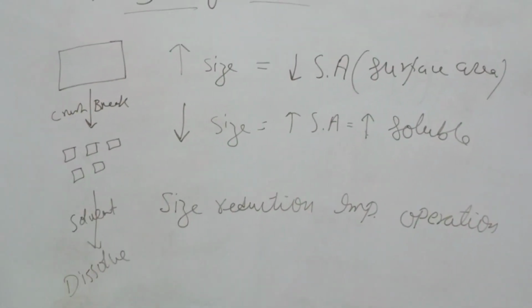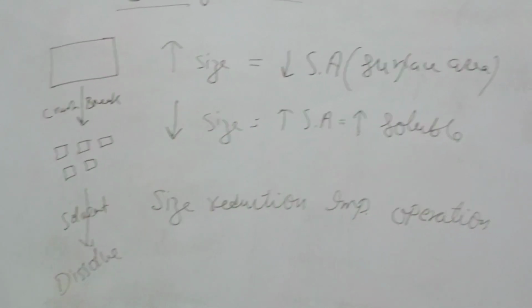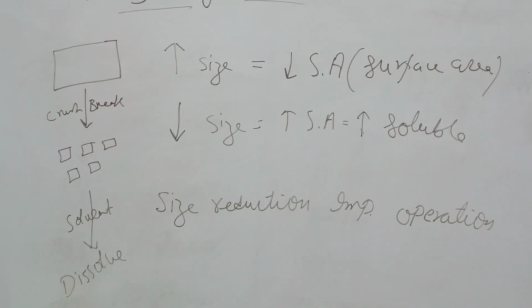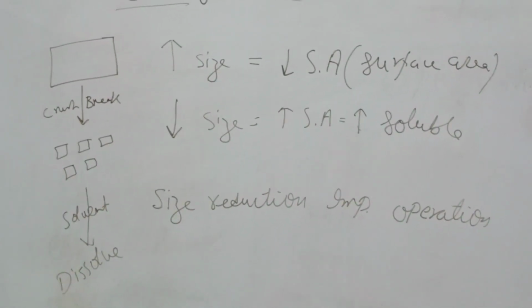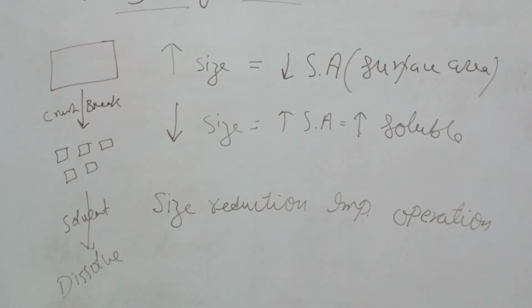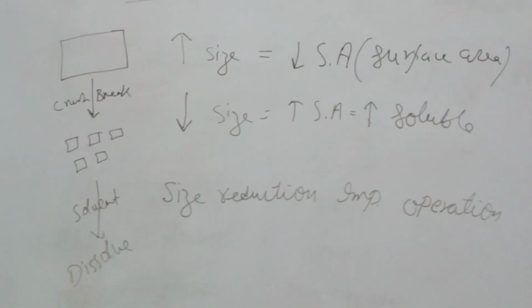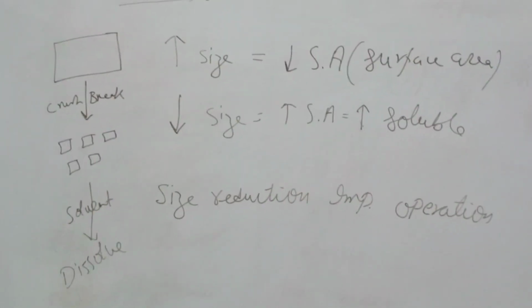And why do they get easily dissolved? This is because a greater amount of solvent comes in contact with these small blocks, which are produced by crushing or breaking the large block, and hence the solubility increases.